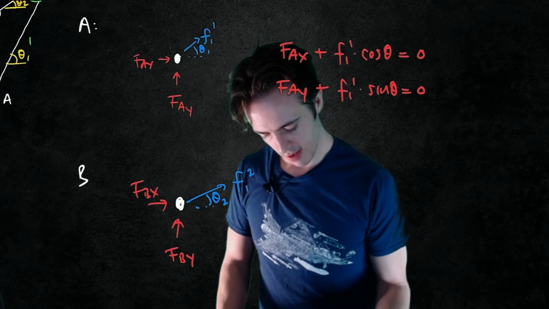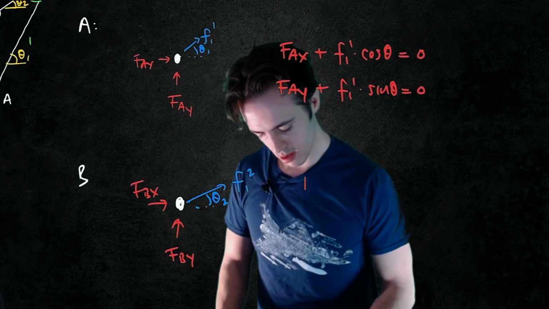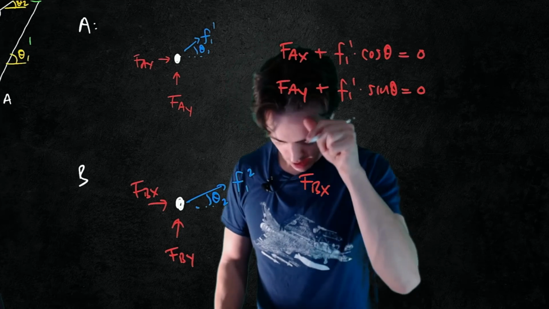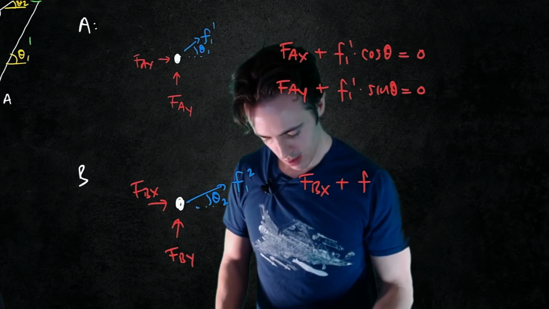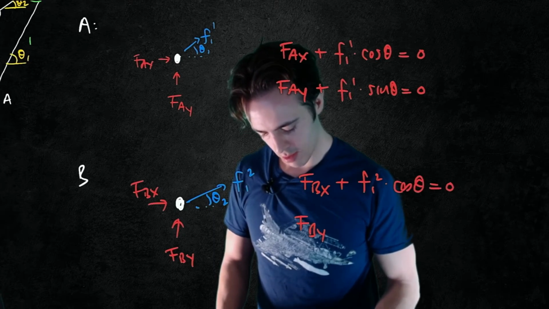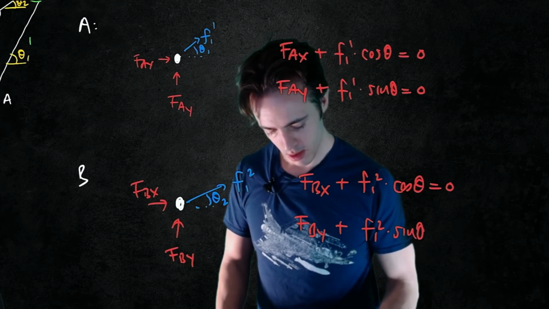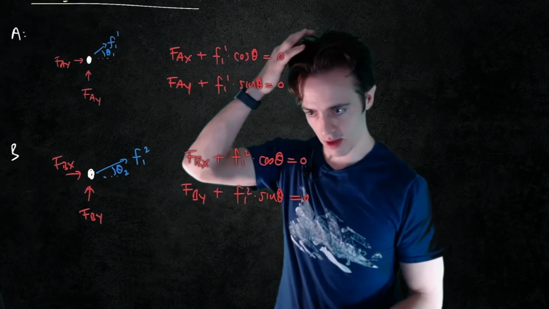Okay, so then again, very simply, we can write, let's write this in red to be consistent, FBX plus F12 cosine theta is equal to 0. FBY plus F12 sine theta is equal to 0. So we've done those two.